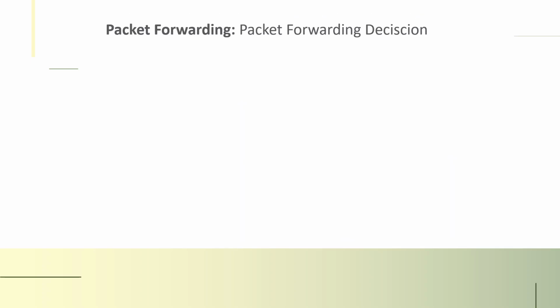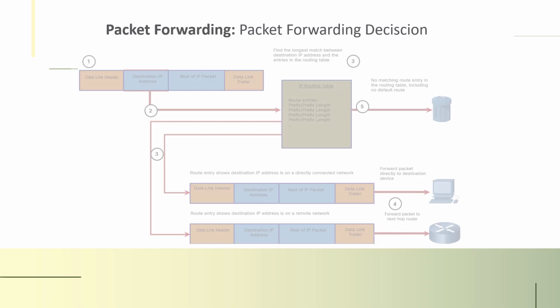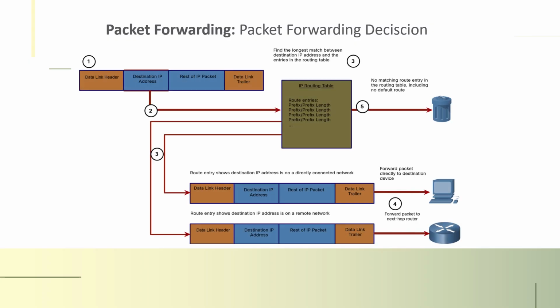Now that the router has determined the best path for a packet based on the longest match, it must determine how to encapsulate the packet and forward it out the correct egress interface. This figure demonstrates how a router first determines the best path and then forwards the packet.